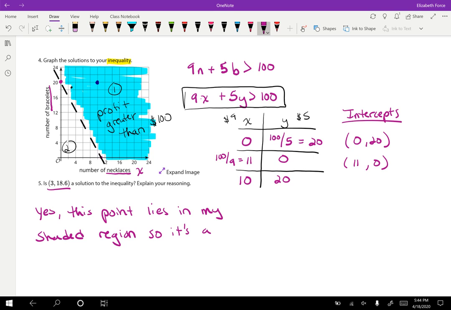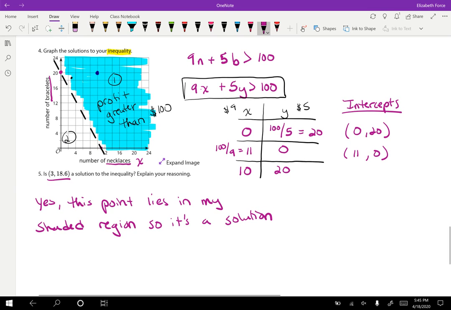So it's a solution. And you're more than welcome to double check it with some math by multiplying the 3 by $9 and then multiplying the 18.6 by 5, and you're probably going to find out that it's going to give you more than 100.